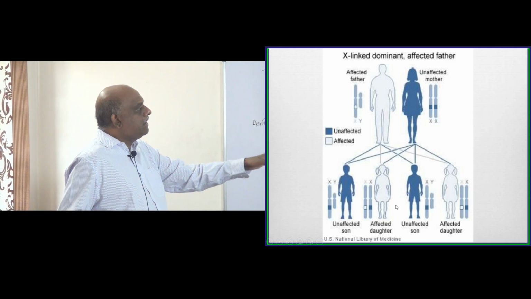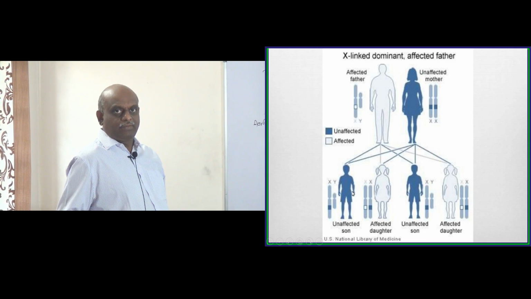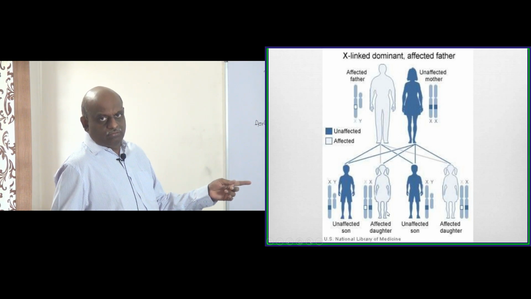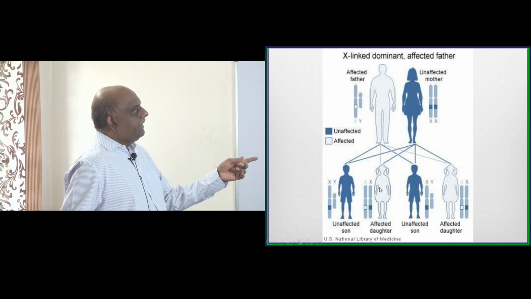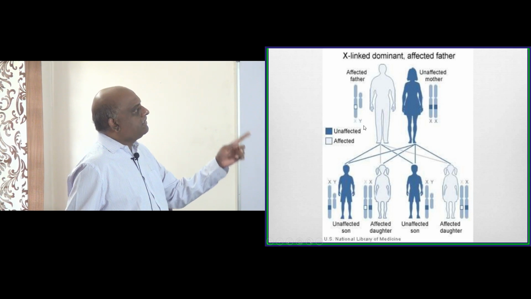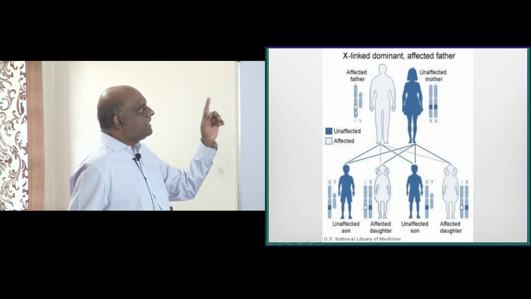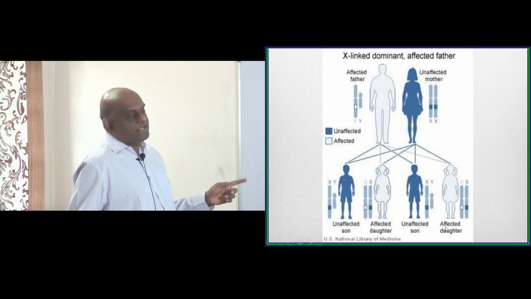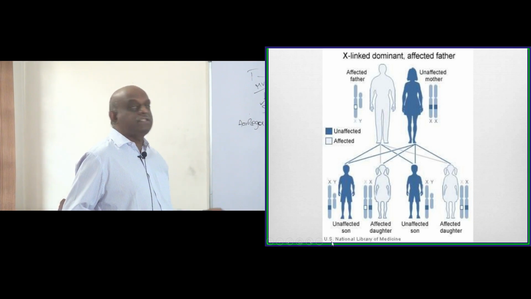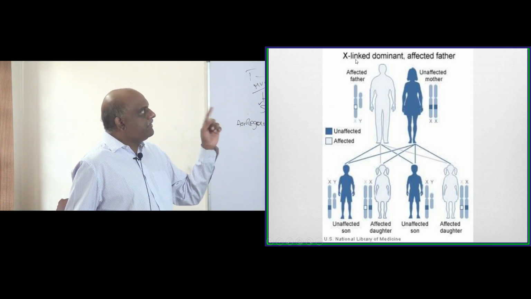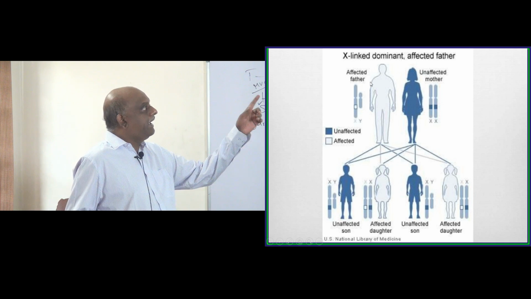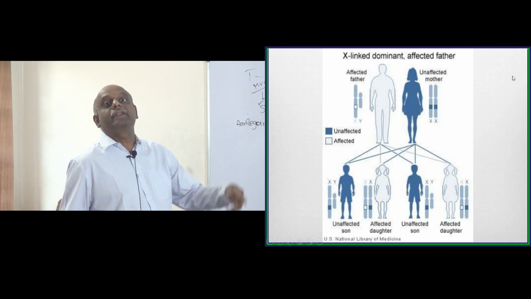So, none of the sons are affected. For the daughters, father gives the X chromosome. So, any daughter gets the father's X chromosome and that X has got the X-linked dominant. That's the reason all daughters are affected. None of the sons are affected if the father is the one who is affected along with the unaffected mother.